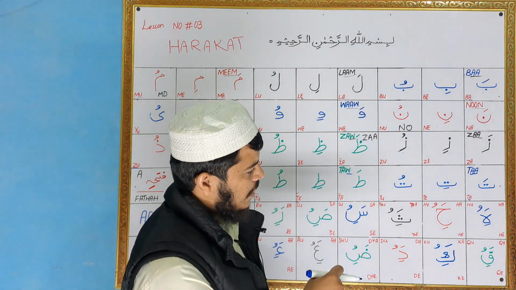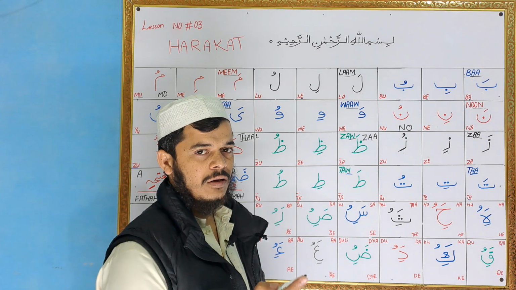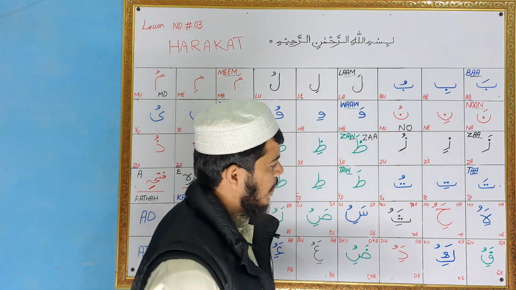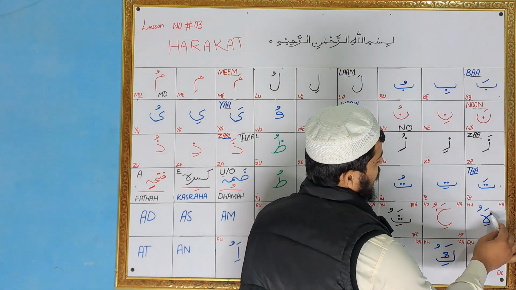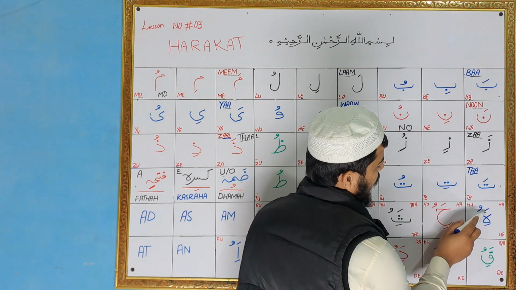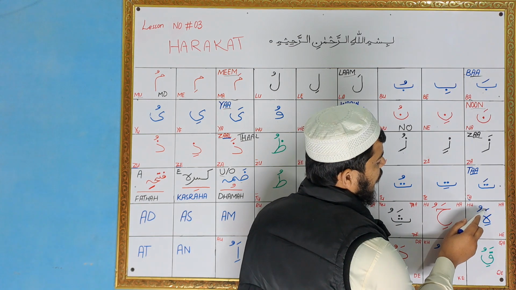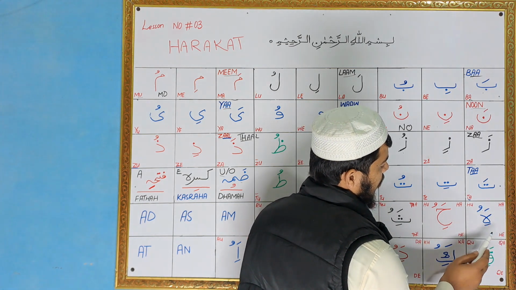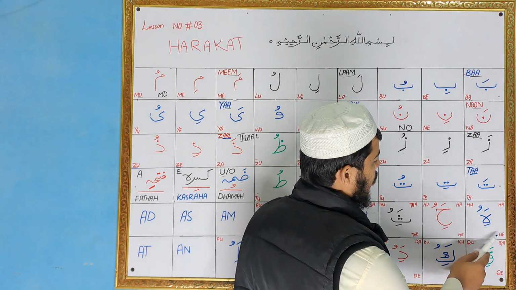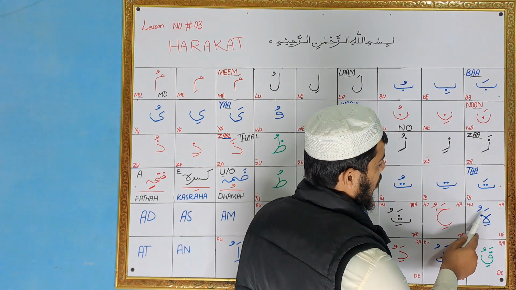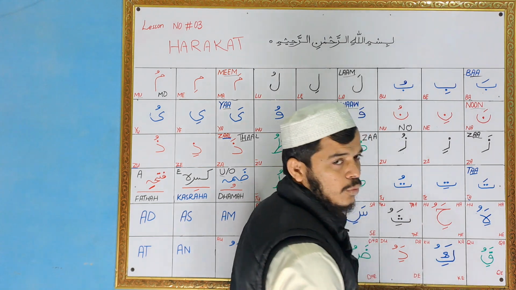On a letter only one fatha, kasra or dhamma will come. So if we think of fatha, ha, fatha, ha. This is from the bottom part of the throat. Ha kasra, hi. Ha dhamma, hu.